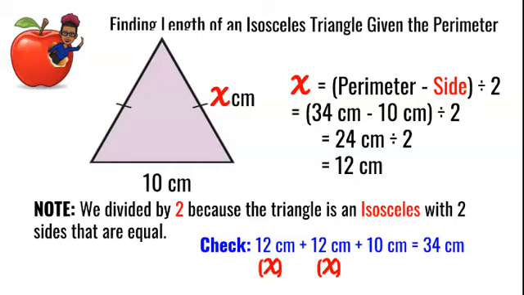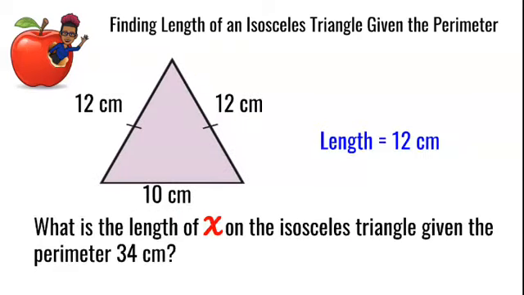When we add them, we have our distance around, which is 34. And remember, in a triangle, we have 3 sides, and we have to add the sum of 3 sides to get our perimeter. Alright, so here we have our side of 12. So x is 12, and the side opposite is also 12 because those sides are equal.